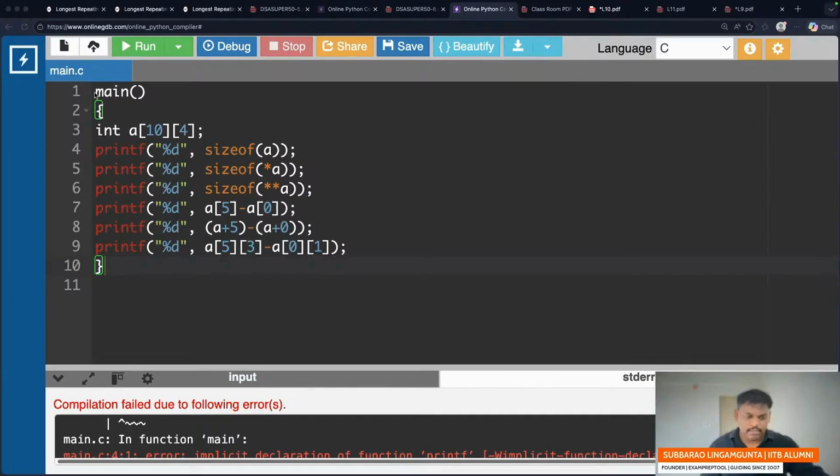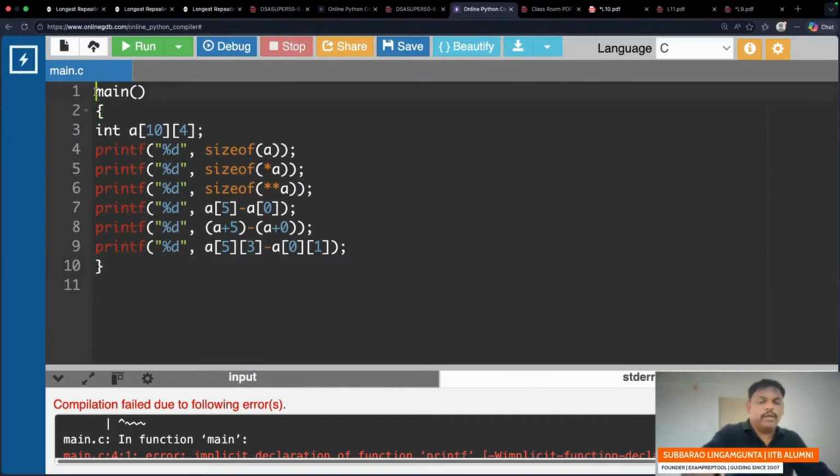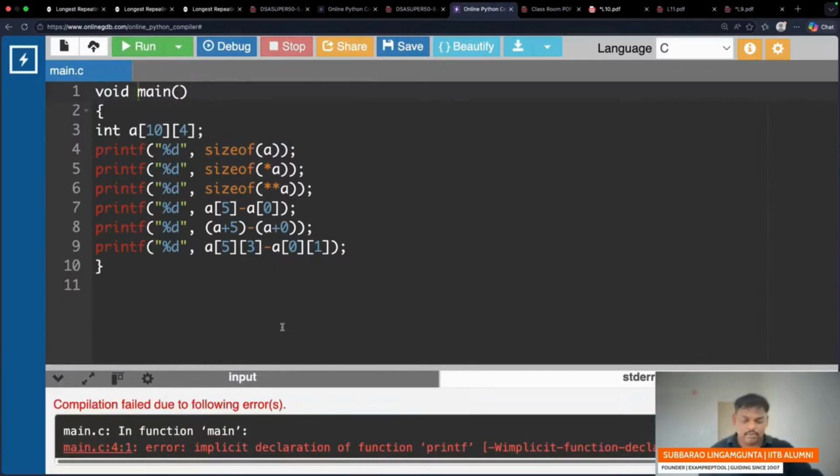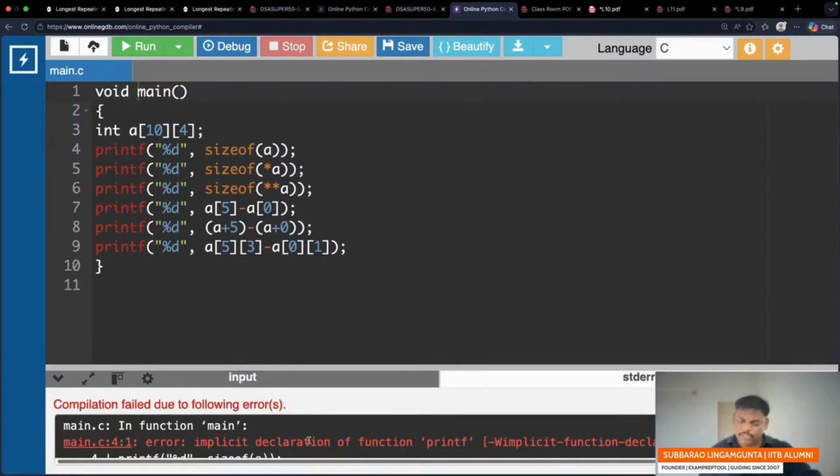Okay, I will write this also. Maybe it is expecting void. Let's see. Implicit declaration of function printf.